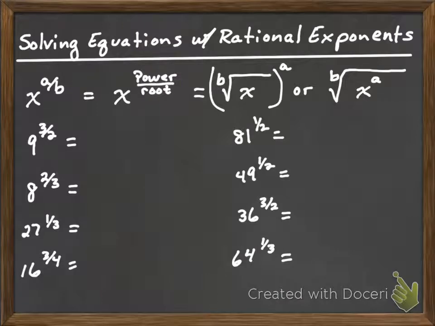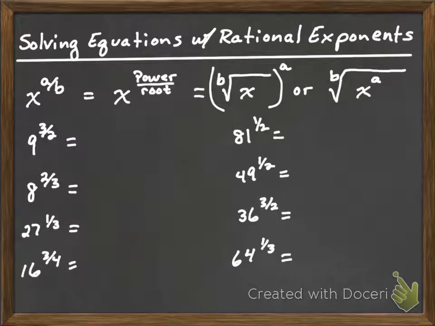All right, so now we're going to talk about rational exponents and how they work. When you have a rational exponent, that means that your exponent is simply a fraction. Now, the top number of your fraction and the bottom number of the fraction represent 2 different things. The top number, in this case a, represents the power, and the denominator b represents the root.